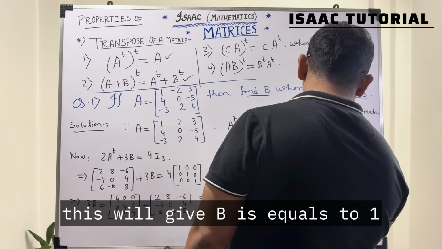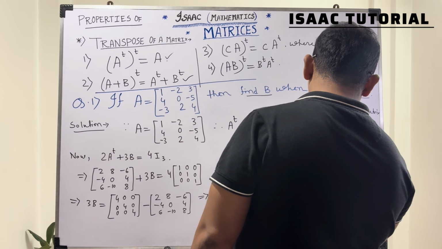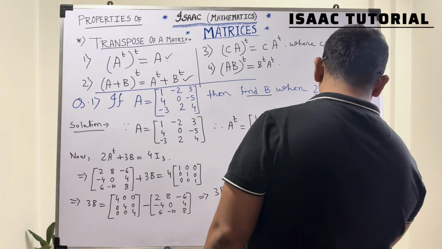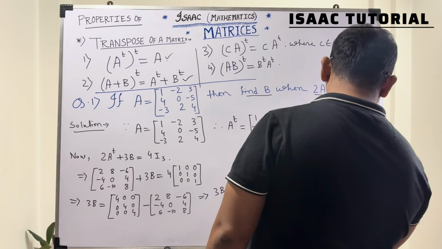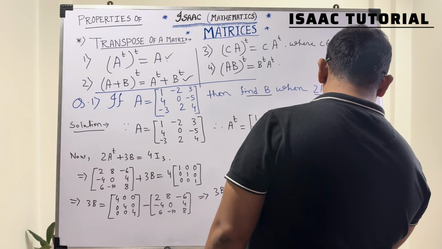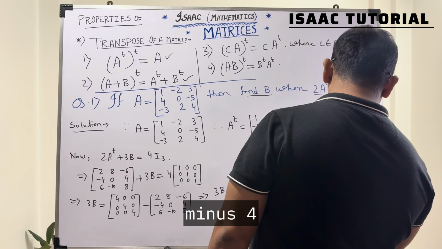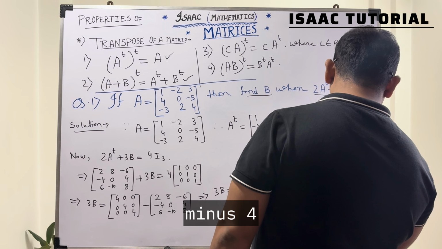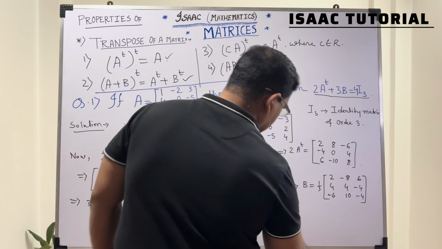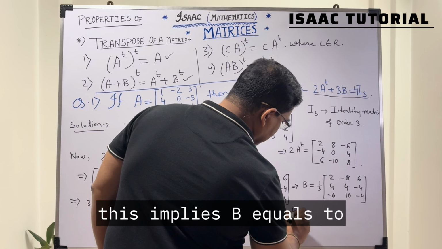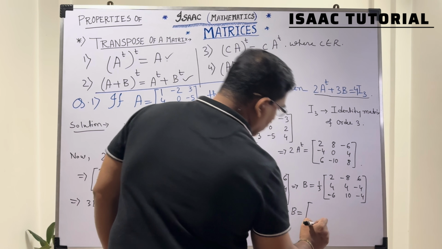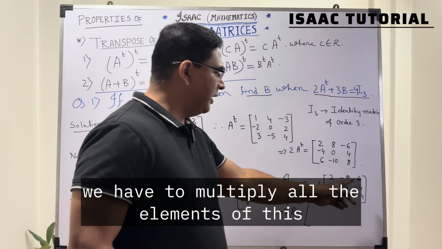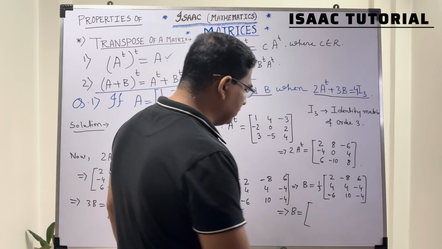This will give B is equal to 1 by 3 into 2 minus 8 6, 4 4 minus 4, minus 6 10 minus 4. This implies B equals to, we have to multiply all the elements of this matrix by 1 by 3.